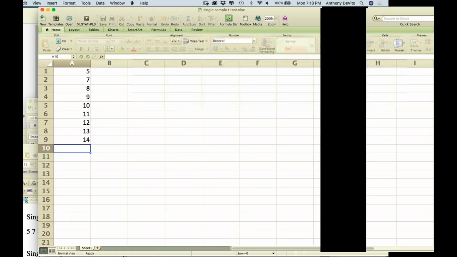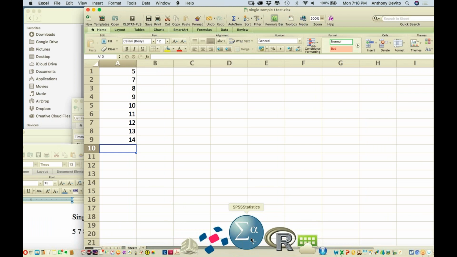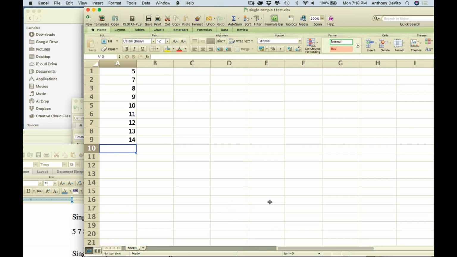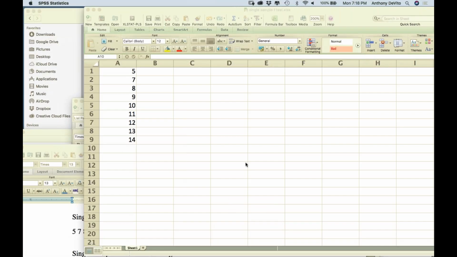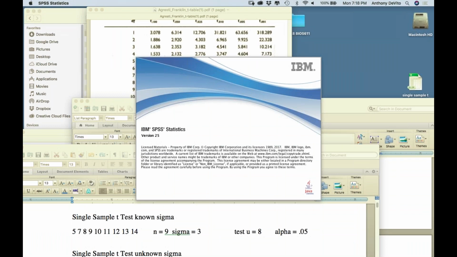Then I'm going to open SPSS. I have to close this in order for SPSS to open it. I'm going to import that file into SPSS.